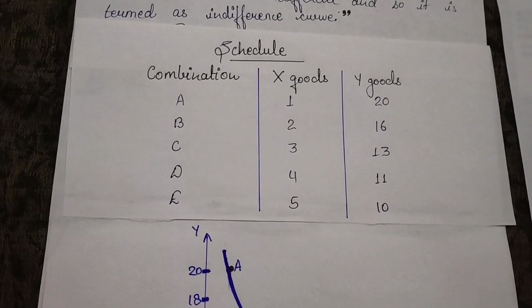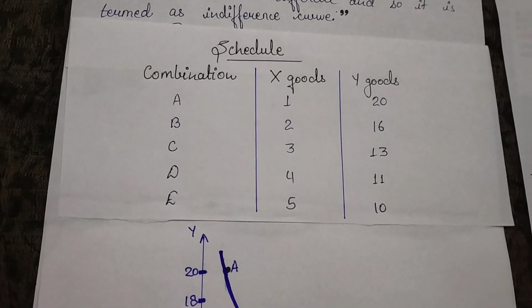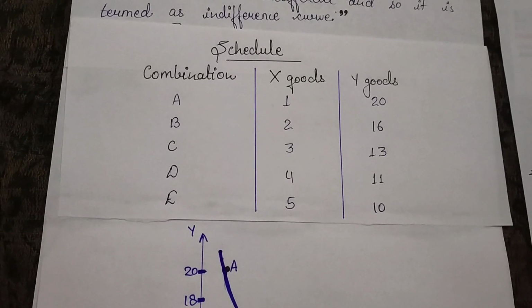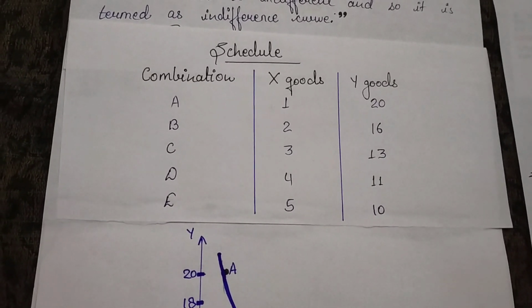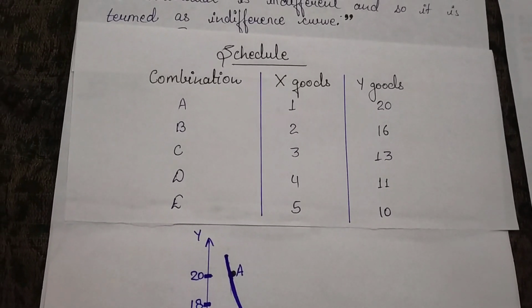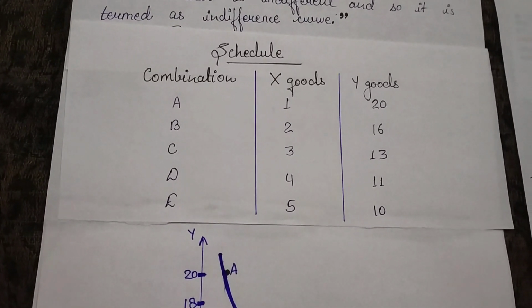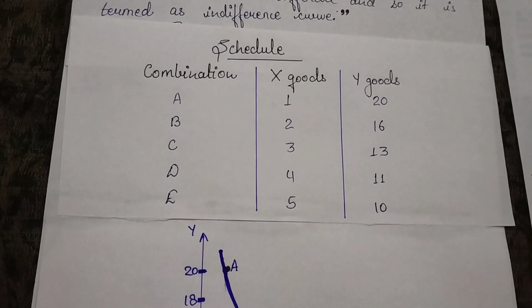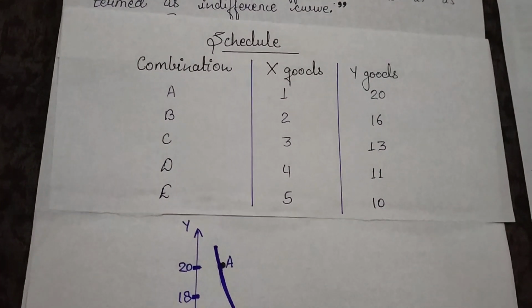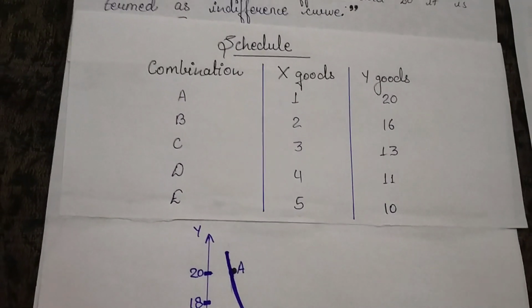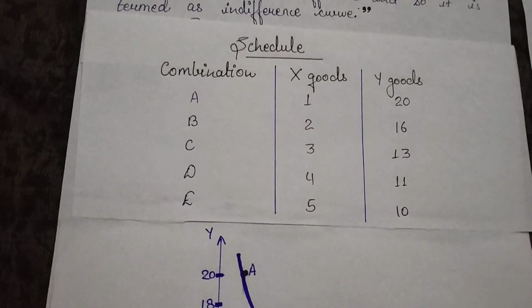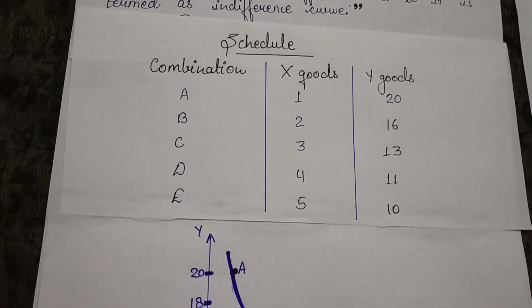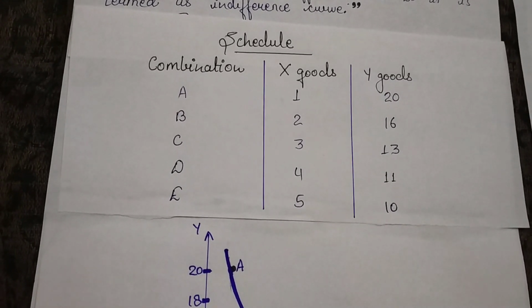Look here, when we were on combination A, X good 1 था हमारा, हम 1 यूनिट कंज्यूम कर रहे थे, Y हमारी थी 20. When we shifted from combination A to B, हम 1 यूनिट एक्स्ट्रा X का कंज्यूम करने के लिए हमने Y के 4 यूनिट सेक्रीफाइस किए. Look here, it became 20 to 16. हमने यहाँ 4 यूनिट सेक्रीफाइस किया 1 मोर यूनिट X का कंज्यूम करने के लिए.